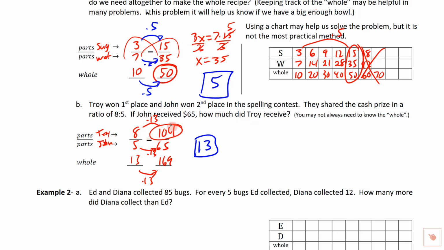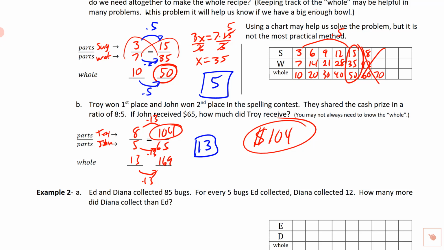Troy received this much right here. So Troy received $104. Now, as a double check, let's just check and see. If we took 104 and added 65, would we get 169? We would, so that kind of verifies using one more number that we did get this right. So Troy received $104.